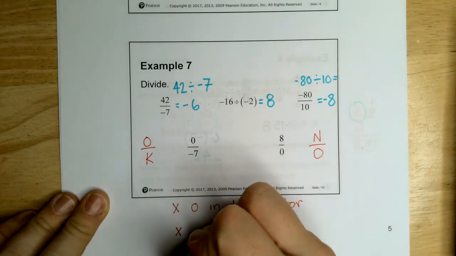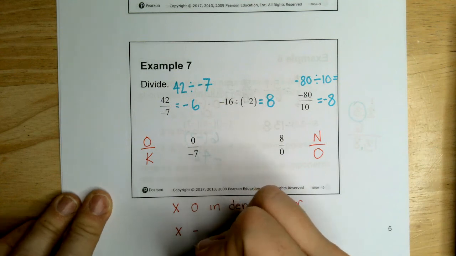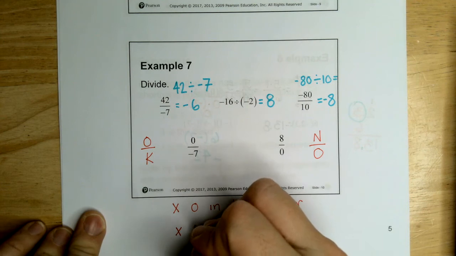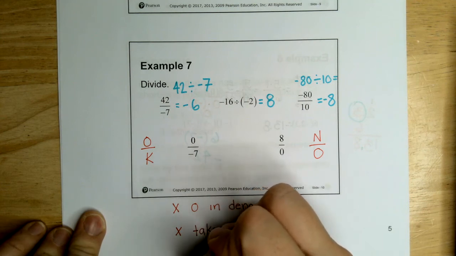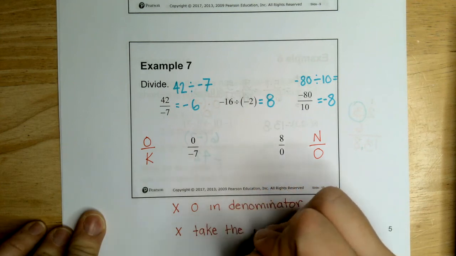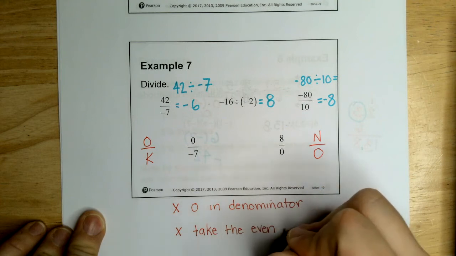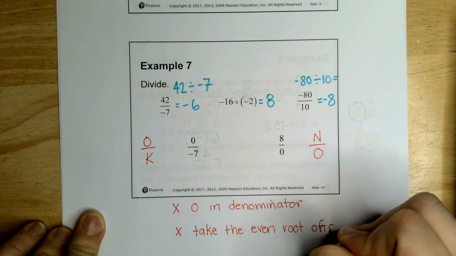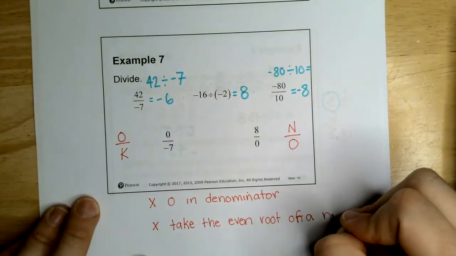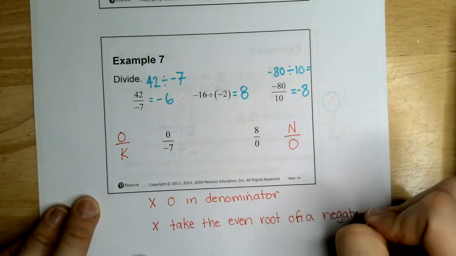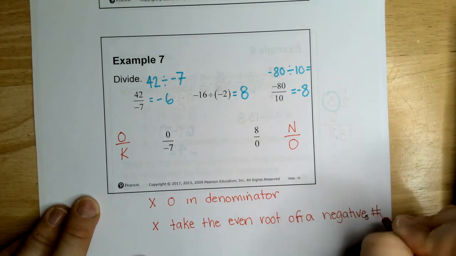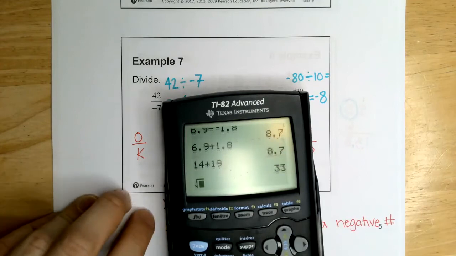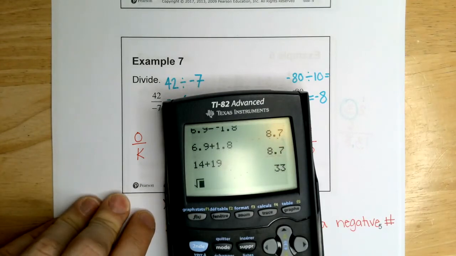And you cannot take the even root of a negative number, which we will talk about later. The root is this. We'll get to it in a minute. That's the square root.